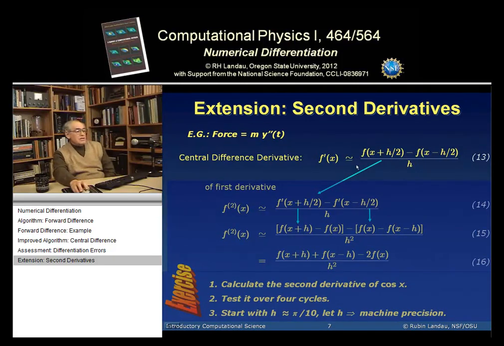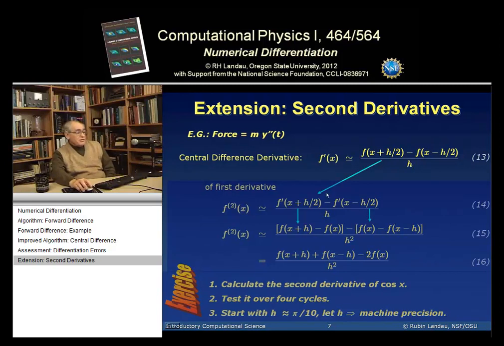On equation 13 here, f prime, we started off with the first derivative, central difference: f of x plus h over 2 minus f of x minus h over 2, divided by h. Notice I changed from time to x, and that's because it's just a dummy variable. It's just the independent variable. Could be t, could be x, could be anything.